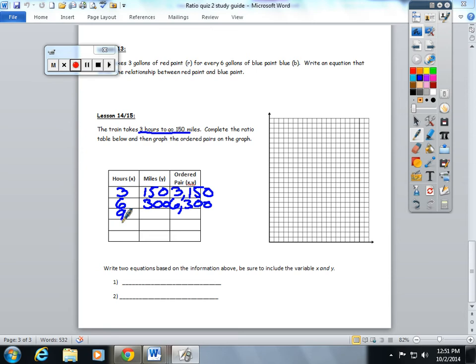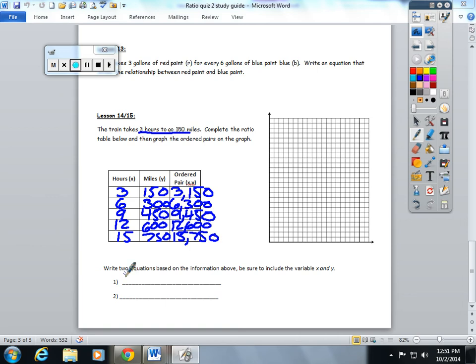And then 9 would be 450, and 9 to 450 ordered pair. And then 12 is 600 miles, so 12 to 600. And then 15 to 750 miles.